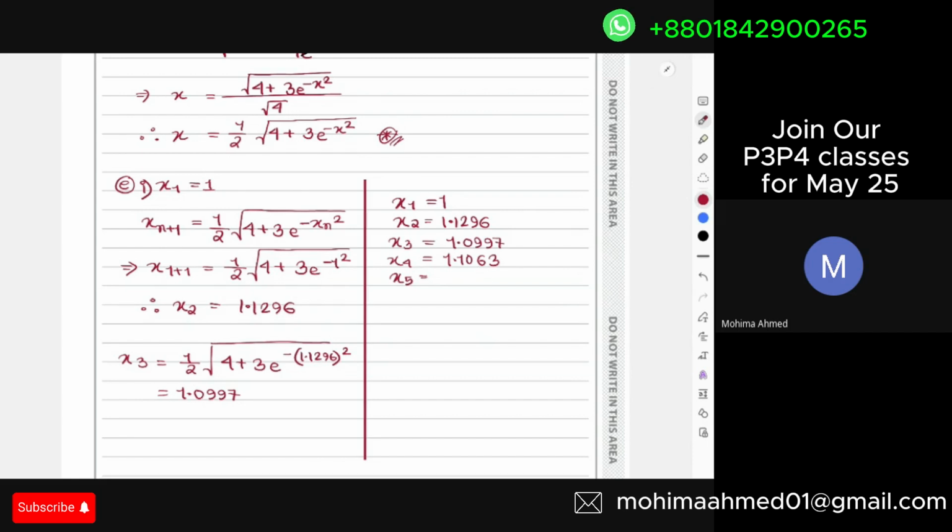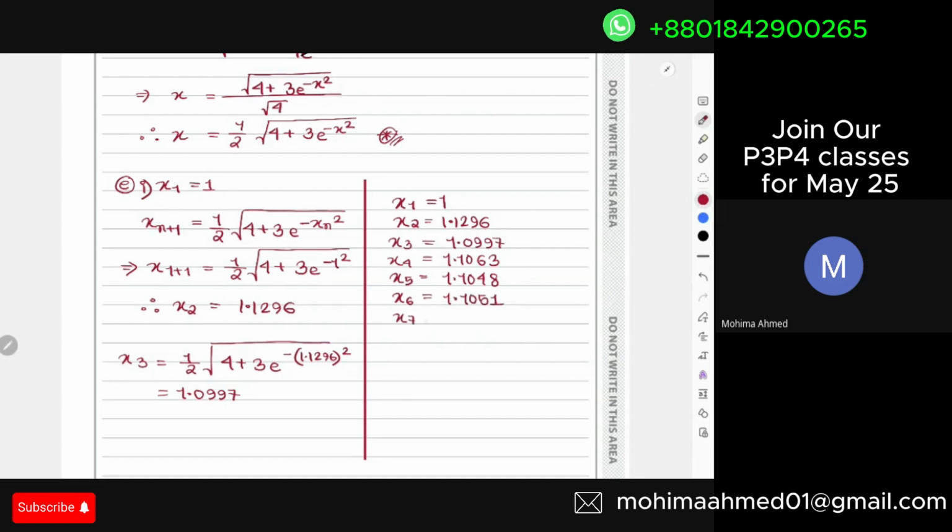So 1.1063, that leaves me with 1.1048. Same, still not any same value. So x6, that will be 1.1048, which gives you 1.1051, right?